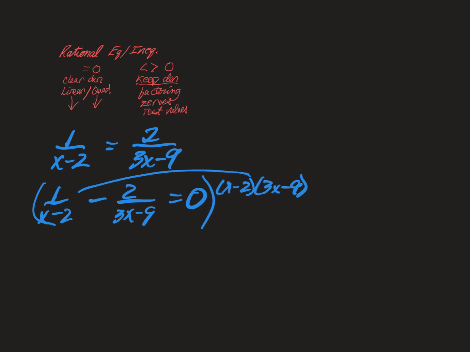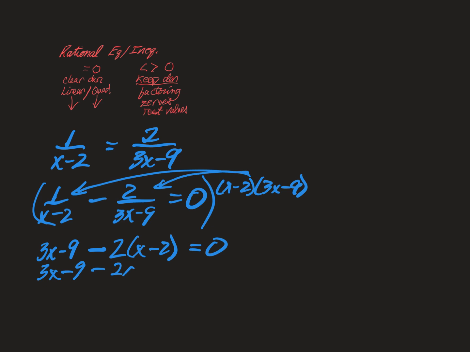When I multiply by the first fraction, the x minus 2 cancels, and I'm left with 1 times (3x minus 9). And then with the second one, the 3x minus 9 cancels, and I'm left with negative 2 times (x minus 2). And that'll equal 0. That gives me 3x minus 9 minus 2x plus 4 equals 0, and that is x minus 5 equals 0.